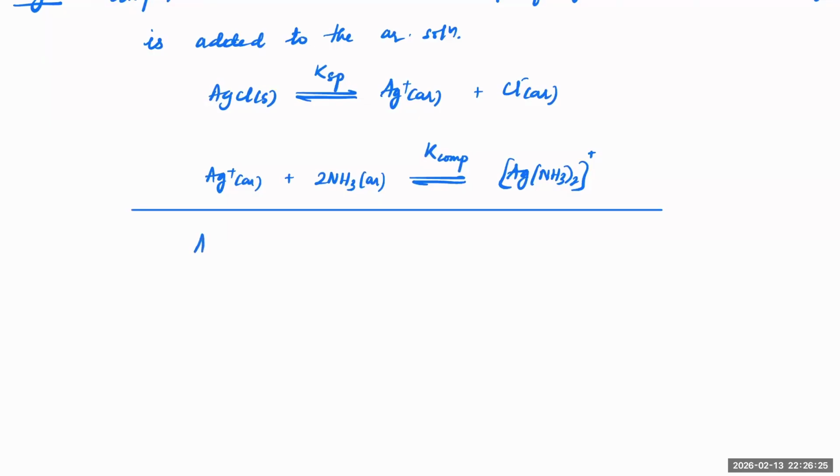Now you will add these two. Then you will get AgCl plus 2 moles of NH3 aqueous, which will be in equilibrium with Ag(NH3)2 plus plus Cl minus. This is what you would have.